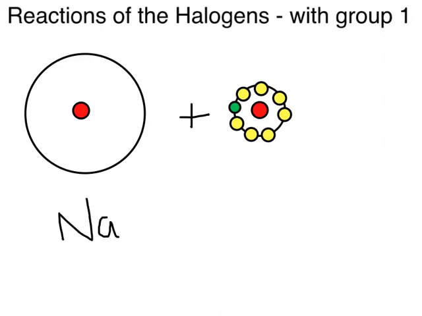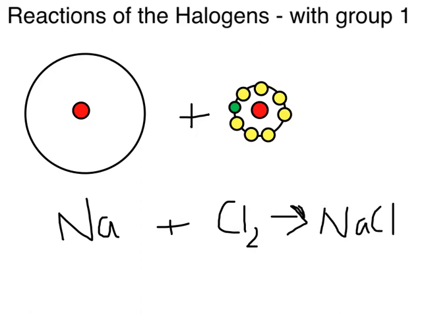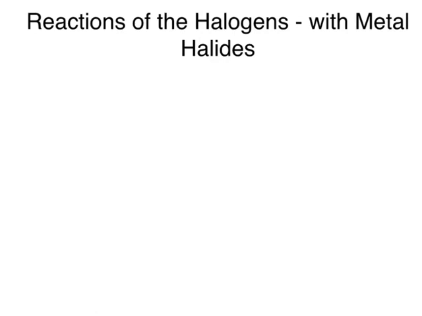So we have sodium plus, let's say, chlorine, and that will make NaCl. Now we need to balance that, so we put a 2 there and a 2 there. And it really is just that simple. The one electron moves from the alkali metal to fill that outer shell on the halogen.